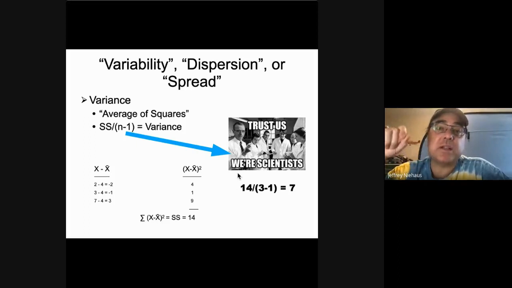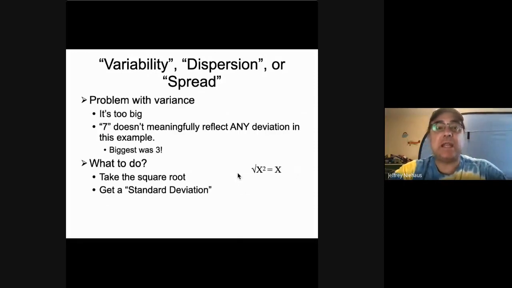And the problem we still have with this value is a little bit expressed in the name. It is the average squared value. What do you do when you have a squared value, but you don't want a squared value? You want a regular value. That's it. So in order to correct back for the correction we made to work around our problem of everything summing to 0 in the first place, we have to undo that here at the end by taking the square root.